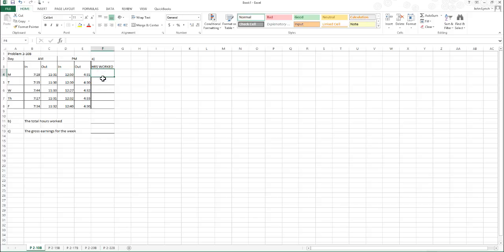If we look on our table, 20 minutes is 4/10 of an hour deducted, so that would be 7.6. On Tuesday, there's 5 minutes late getting in, and 5 minutes is 1/10 of an hour, so that is 7.9. Wednesday, they were 14 minutes late checking in, so 14 minutes is 3/10 of an hour, so that would be 7.7.